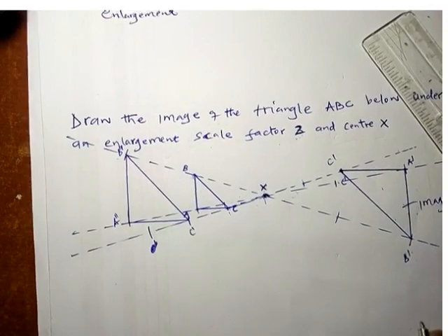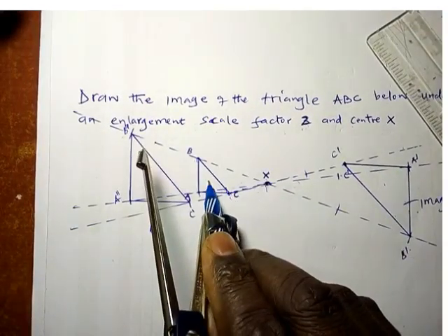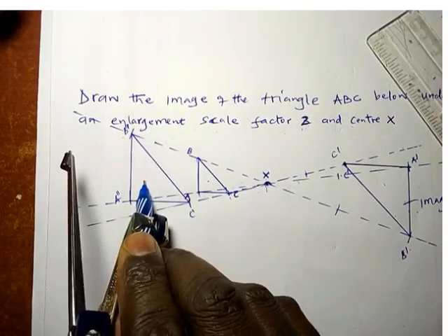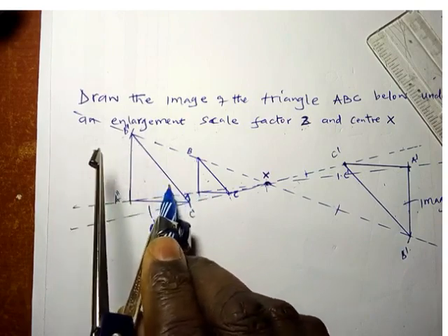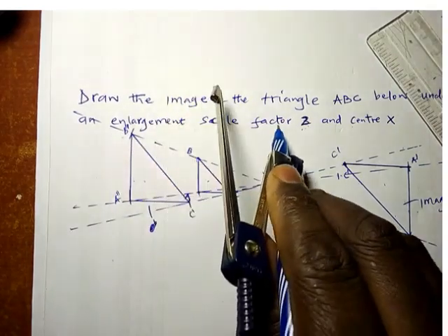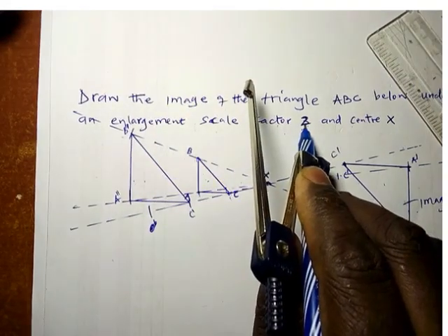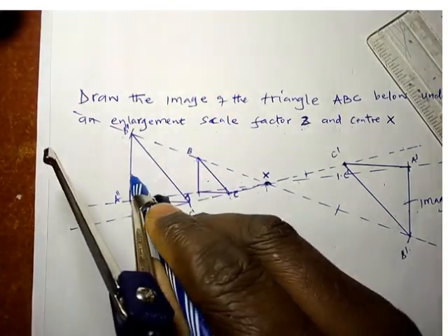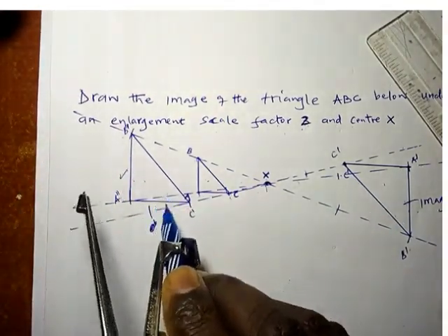So now you realize that the object and the image are on the same side. If they are on the same side, the scale factor is positive, right? So therefore, now this is the correct way of drawing this one.